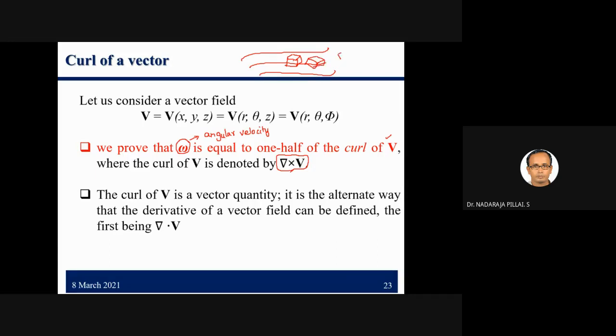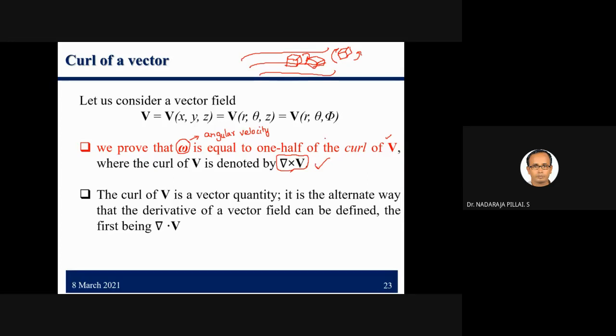And now here, if you consider the fluid element may be like this, it discusses the rotation of the fluid element. So here we prove that the angular velocity is equal to 1/2 of the curl, where curl can be represented by del cross V.